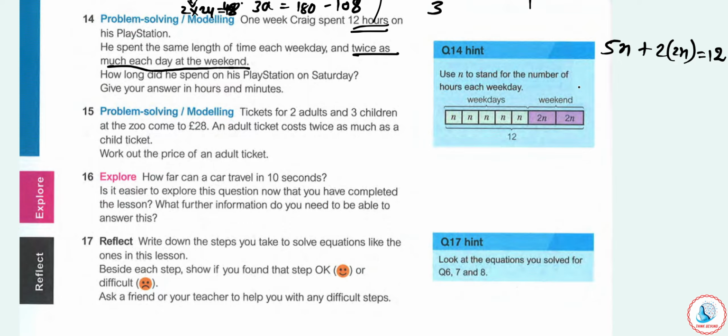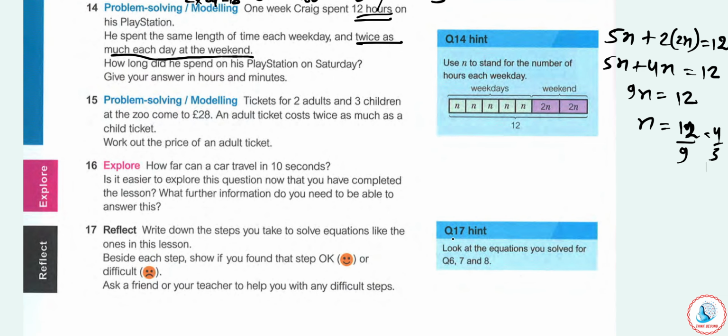Now you can solve it. 5n plus 4n is equal to 12, which is 9n is equal to 12. So n is equal to 12 over 9, which is going to be 4 over 3.